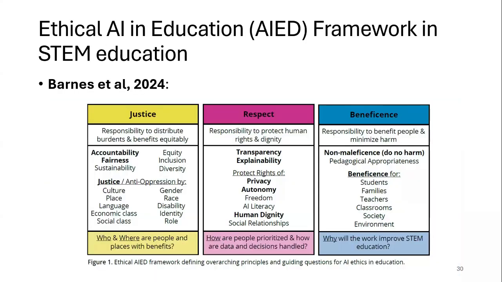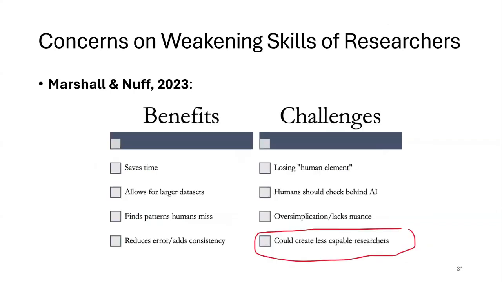This is another framework called Ethical AI in Education, a framework in STEM education. This also proposes some actions to be taken and concerns in ethical research. Marshall and Nuff raised the concern of weakening skills of researchers.